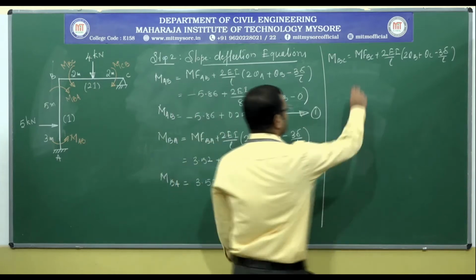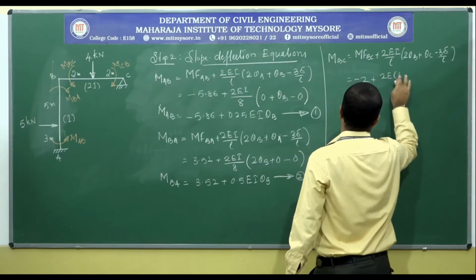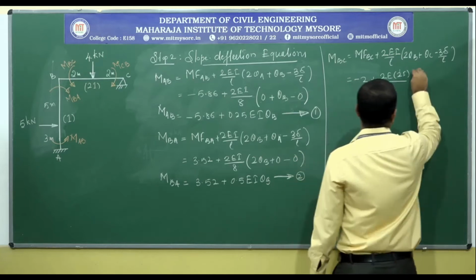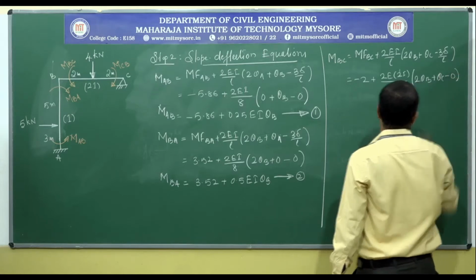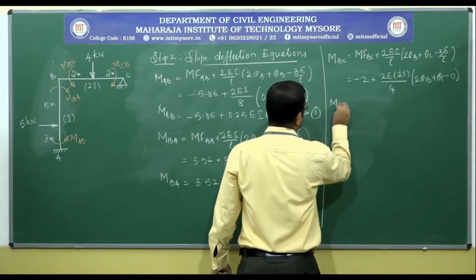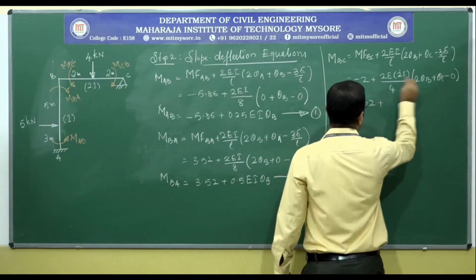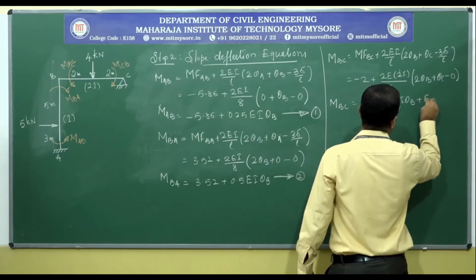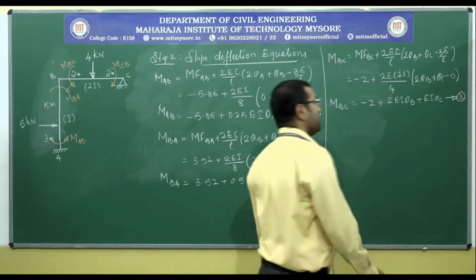Now, the value of MFBC is minus 2, plus 2E, here the I value is 2I, divided by L which is 4, into 2 theta B plus theta C, minus delta value, which is 0. From this we get the equation MBC is equal to minus 2 plus 2EI theta B plus EI theta C. Let us call this equation number 3.